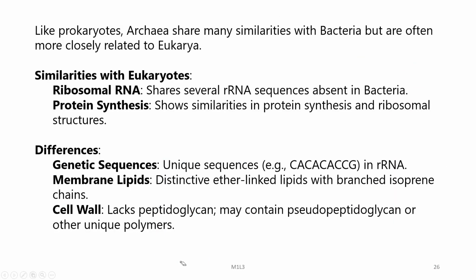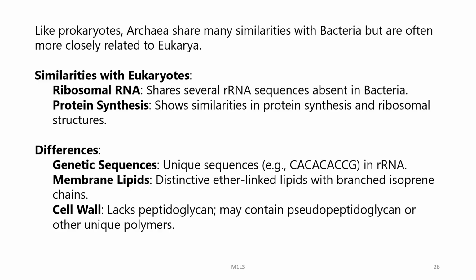Like prokaryotes, archaea share many similarities with bacteria, but are often more closely related to eukarya. So, they are in between the two, the bacteria on the one side and eukarya on the other side. What are the similarities with eukaryotes? The ribosomal RNA: it shares several RNA sequences absent in bacteria. When it comes to protein synthesis, it shows similarities in protein synthesis and ribosomal structures.